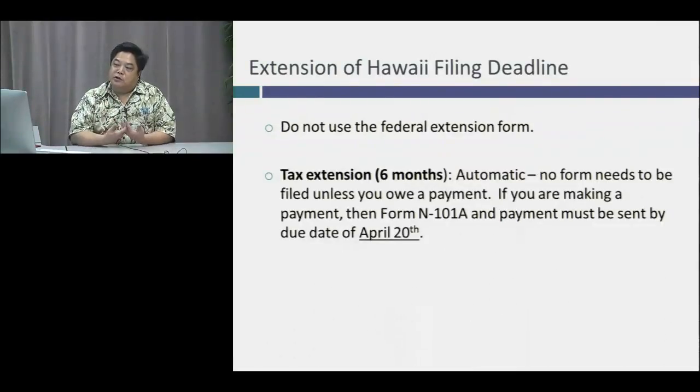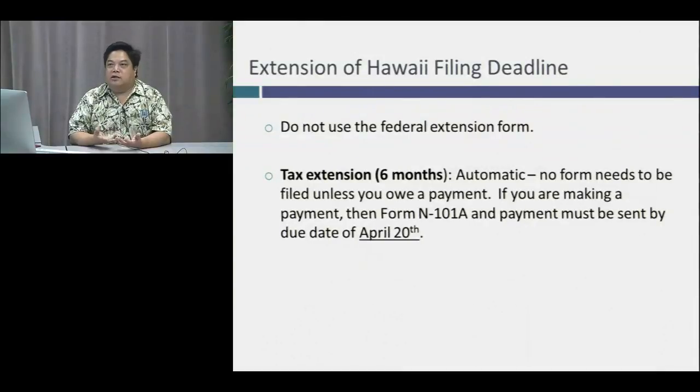For instance, if you know you owe $100, you cannot get a 6-month extension unless you attach the $100 check to that N101A, then you can be granted the extension. Versus if you just send an extension, and when you finish your tax return and you owe $100, if you don't pay by April 20th, you'll get penalties. So to get an approved extension, you need to pay the tax on time.